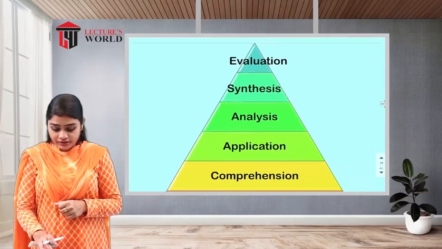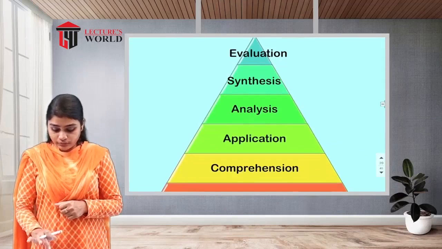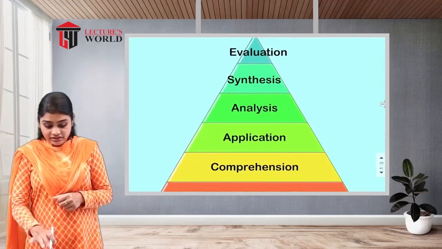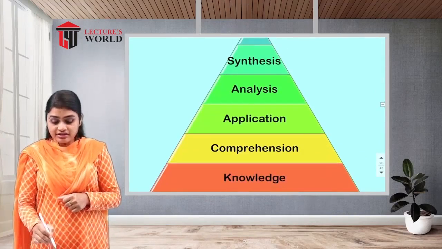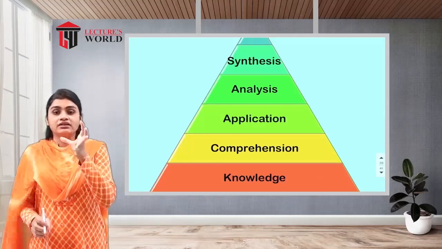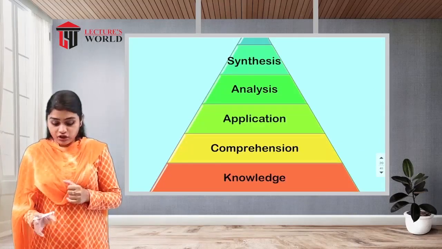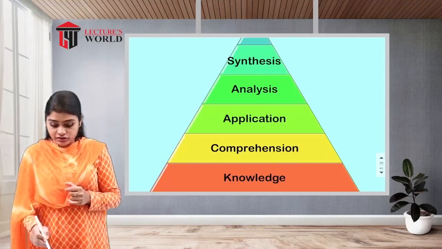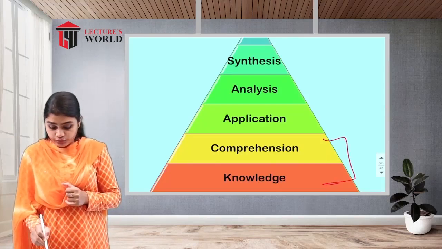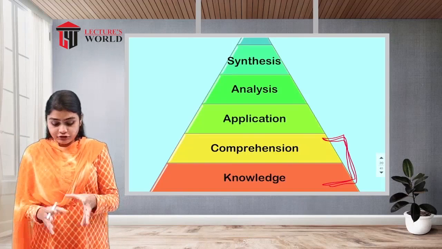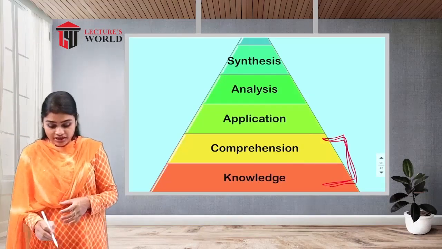According to Benjamin Bloom, from these levels, the infant and the toddler below the age group of 3 years use only these basic two components, that is your comprehension and knowledge.